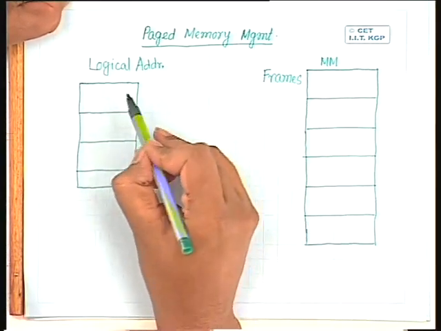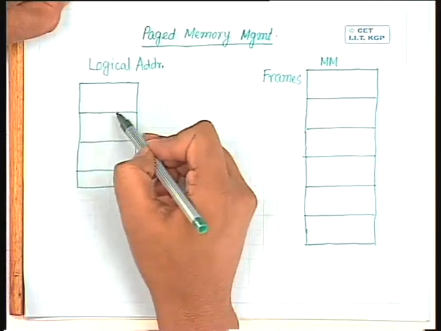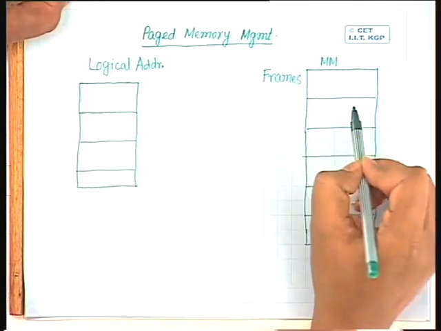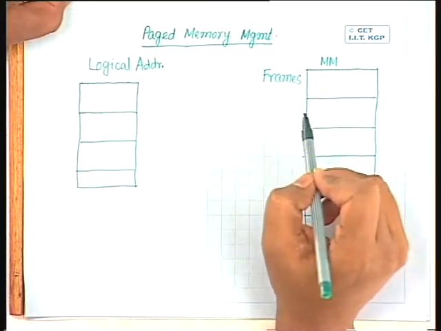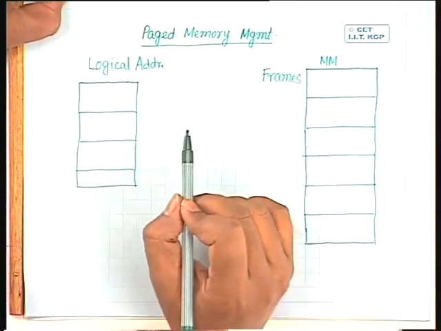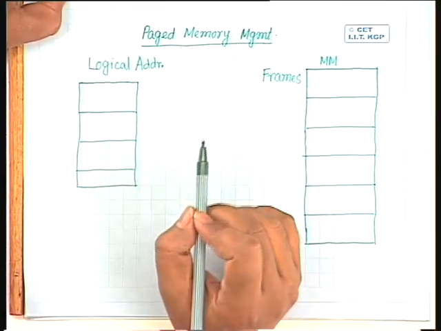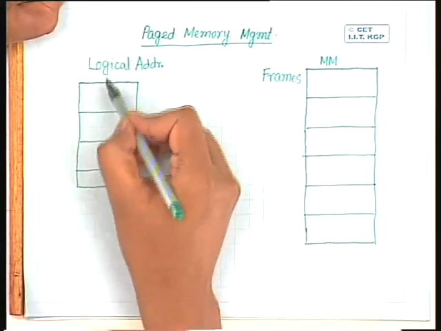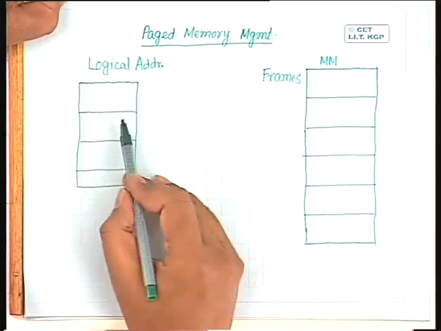Only when the logical address space of a user program is loaded into main memory does the concept of physical address come, because then I have to know the address of the location in the main memory where a data or an instruction will reside. Until it is loaded into the main memory, the addresses generated are all logical addresses.